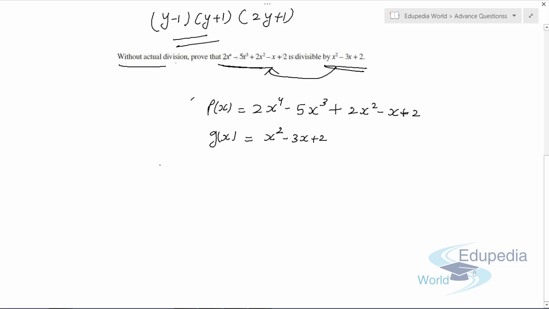The next step is we will first factorize this polynomial. We can factorize it using splitting the middle term. So it will be x square minus 3x plus 2.